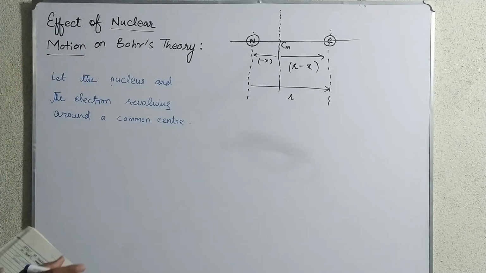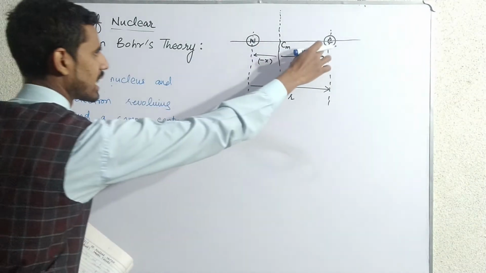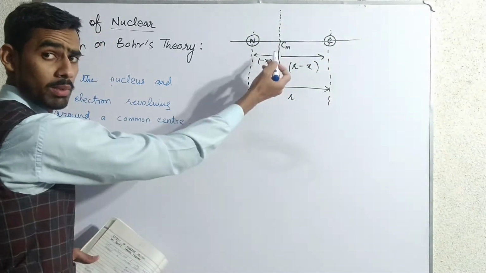So this nucleus and this electron are revolving around this common center.